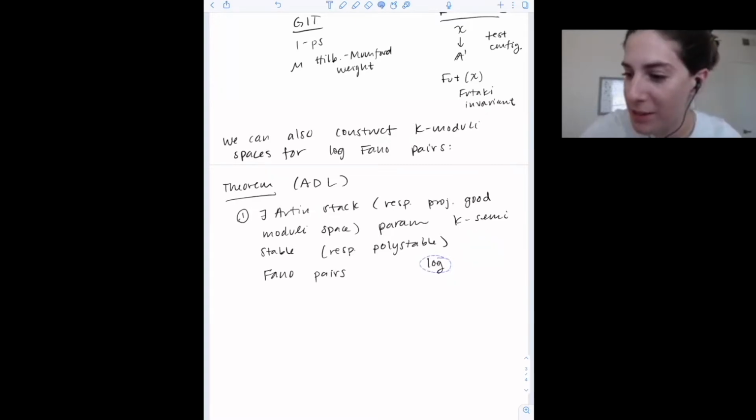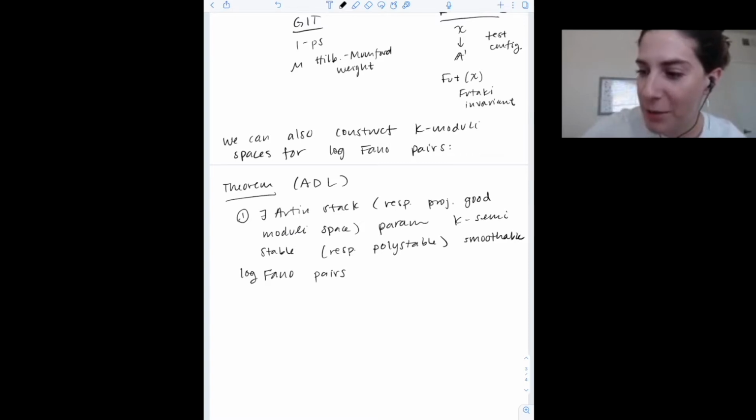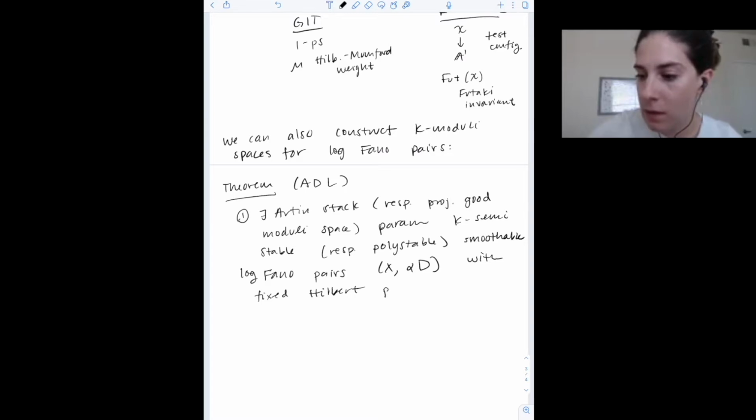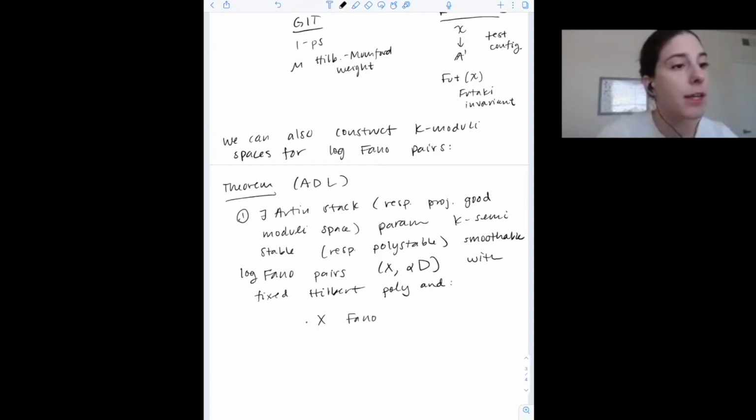I'm not claiming that our result is the one that generalizes to the non-smoothable setting. There's a lot of hard work that goes into that with many people. So we'll put smoothable log Fano pairs, X, D, or maybe X, alpha D. We can vary the coefficient with a fixed Hilbert polynomial, and X is a Fano variety.